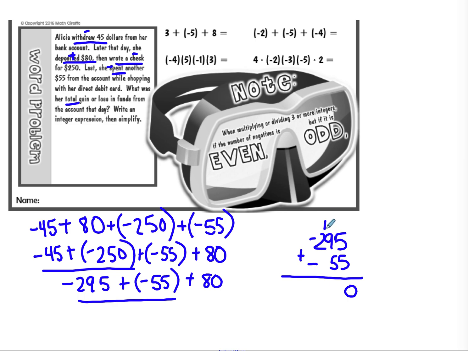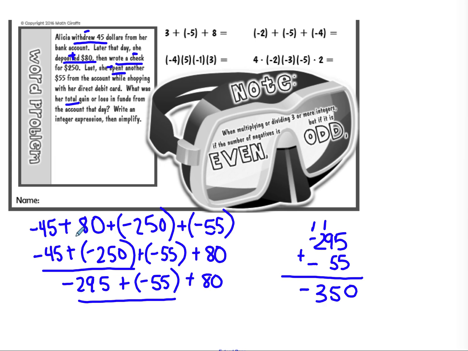Carry our 1. 1 plus 9 is 10, plus 5 is 15. Carry the 1. 1 plus 2 is 3. I'm adding two negatives. My answer is going to be negative 350.